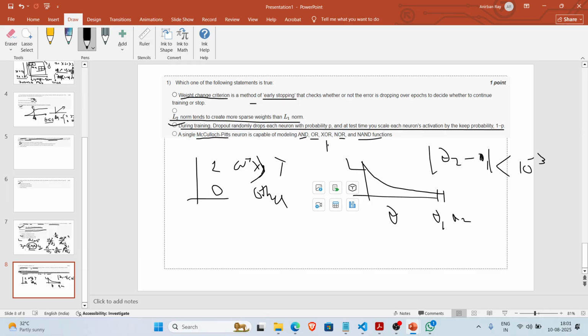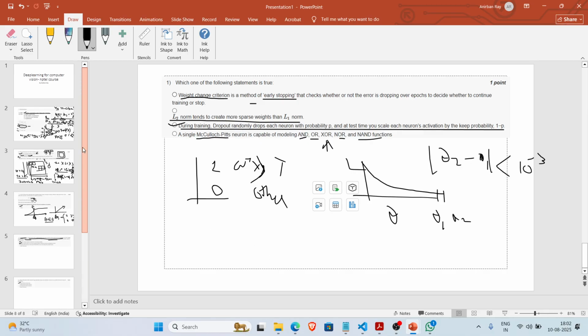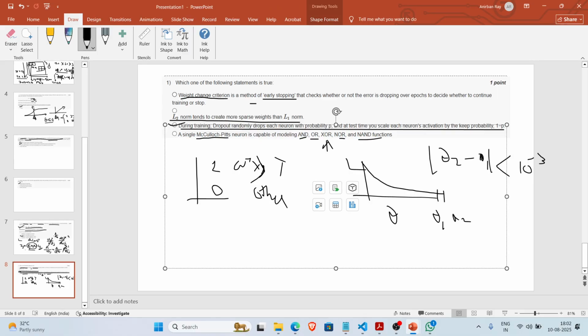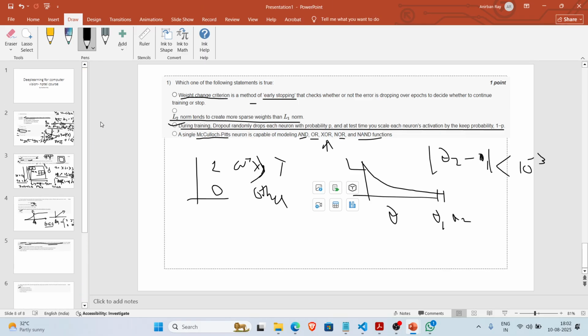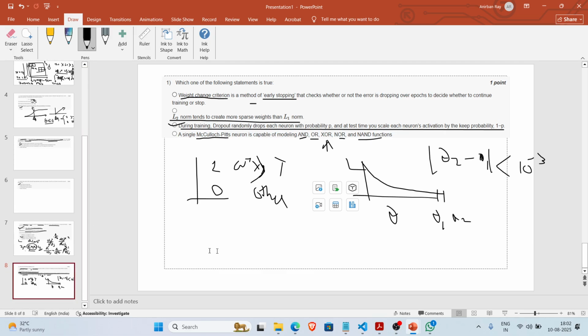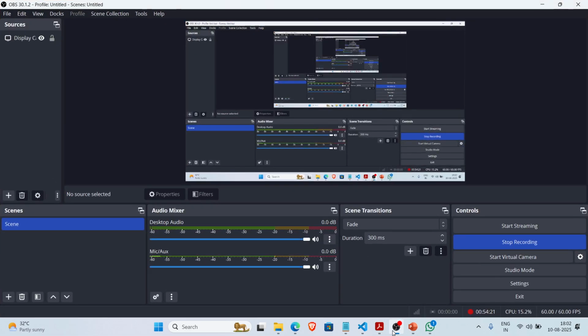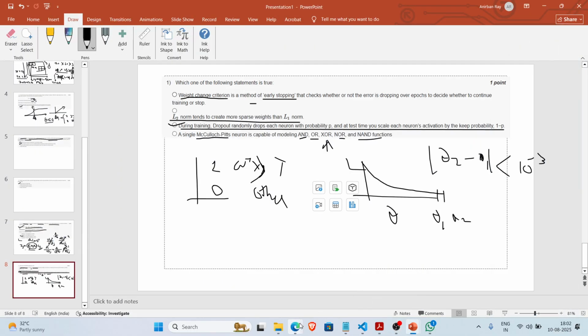But not the non-linear one. XOR is a non-linear function, right? It cannot be handled by the McCulloch-Pitts neuron activation, which is a simple threshold-based method and is linear. W transpose X is compared with a threshold, and there is no non-linearity, no sigmoid function. So it is not possible for it to produce a non-linear function.